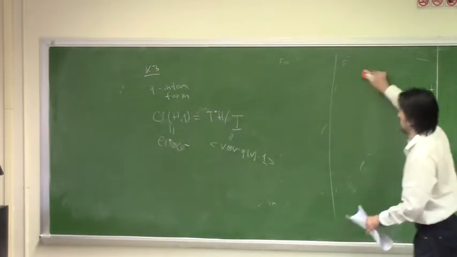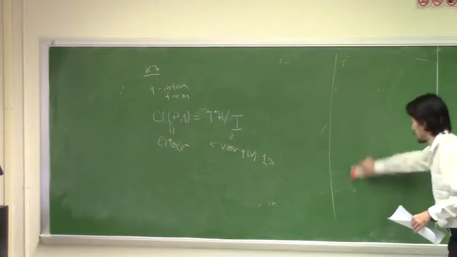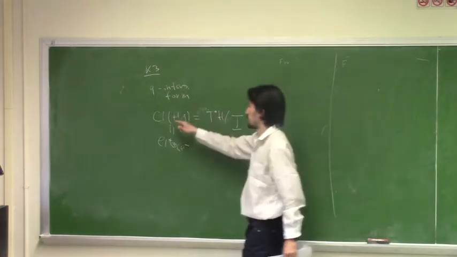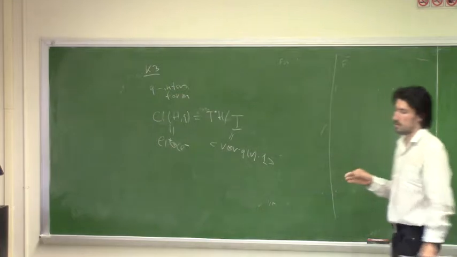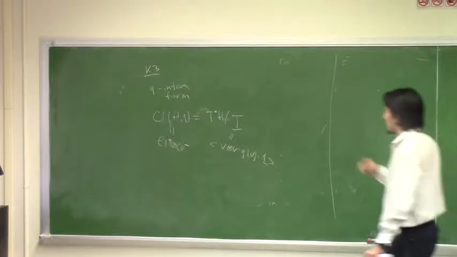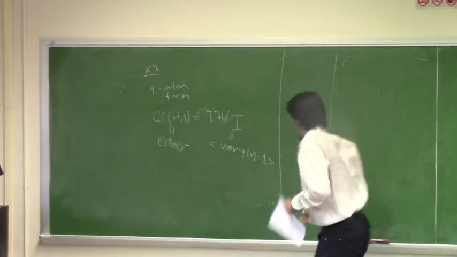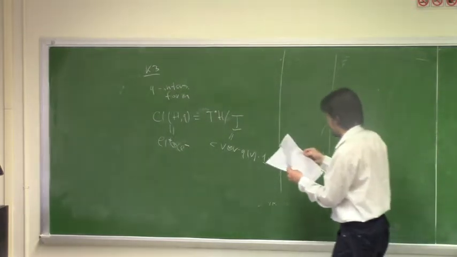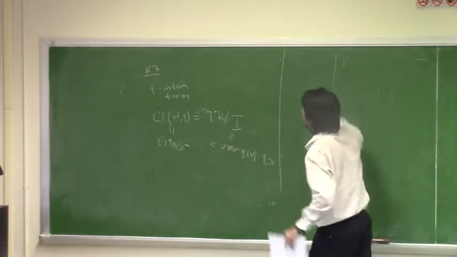Now, starting from a K3 type Hodge structure, we need to get a torus, and by this correspondence we need to obtain a Hodge structure of weight 1.